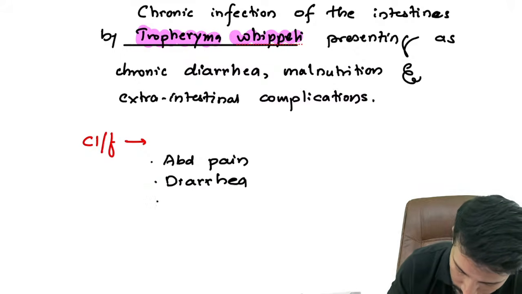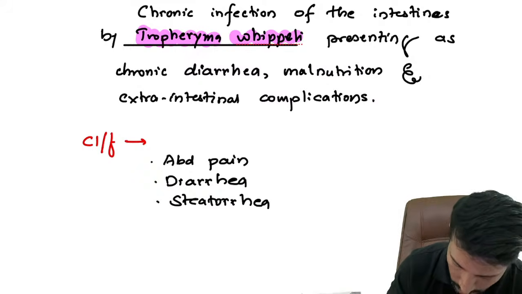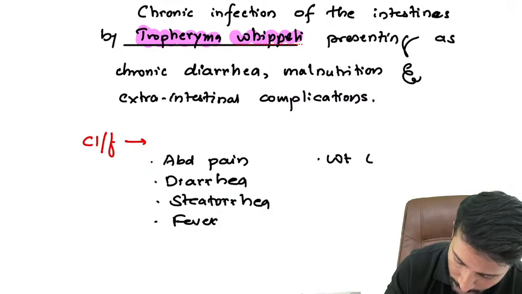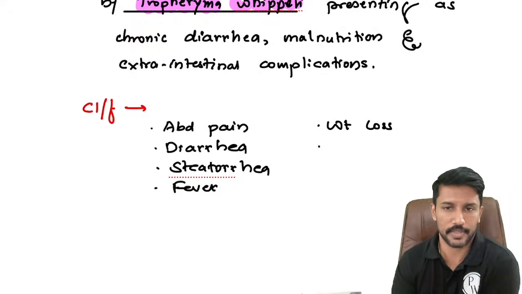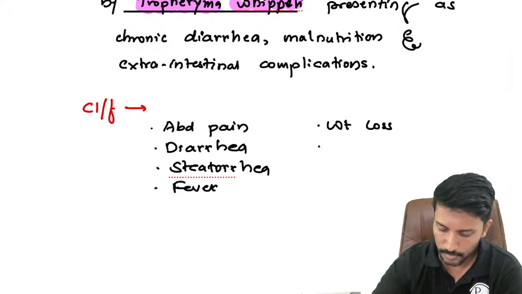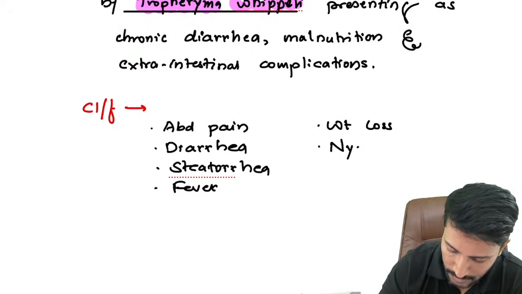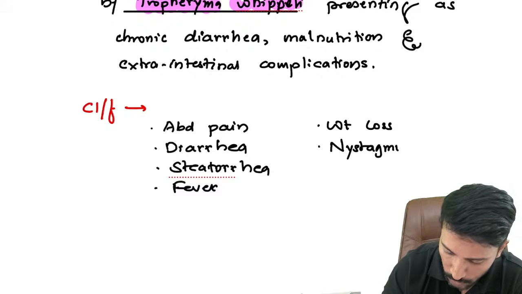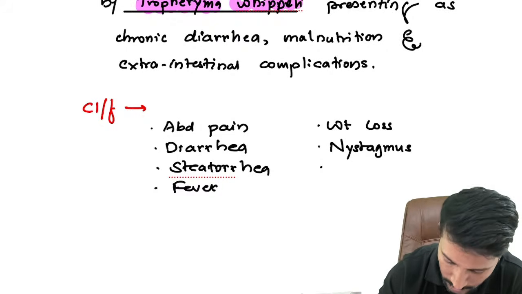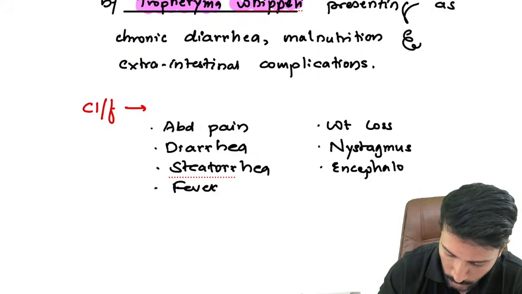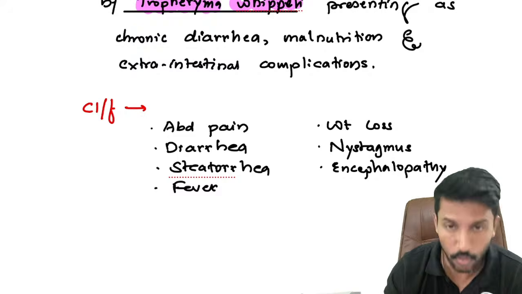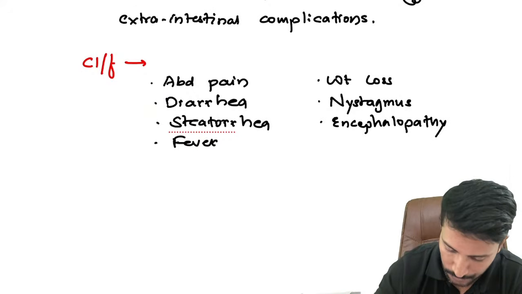Because there is malabsorption, they can have steatorrhea, fever, and weight loss, and they can have certain neurological manifestations, right? What neurological manifestations? They can have nystagmus because of CNS involvement. They can also have encephalopathy because this organism also affects the central nervous system. Okay.